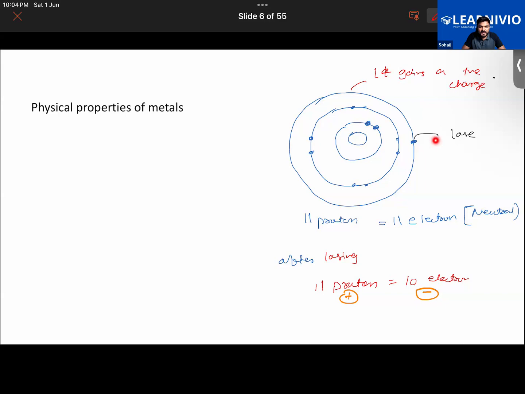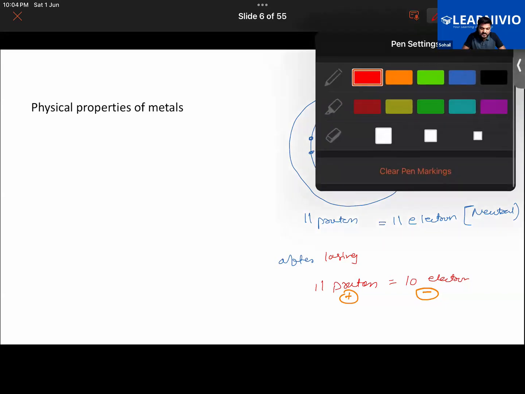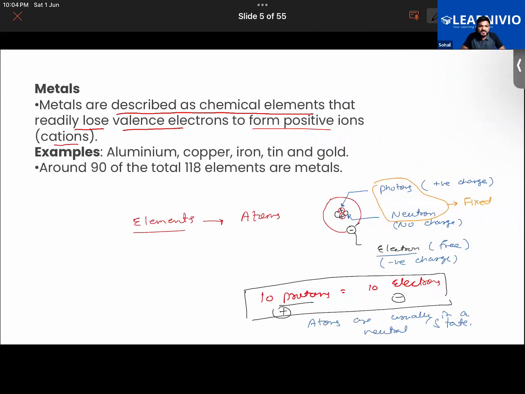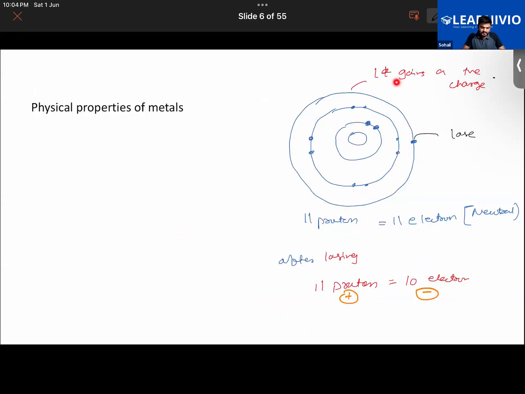Getting it? So the thing about metals is that metals lose electrons to become positively charged. And when an atom becomes charged, it is called an ion. What do we call them? Ions.